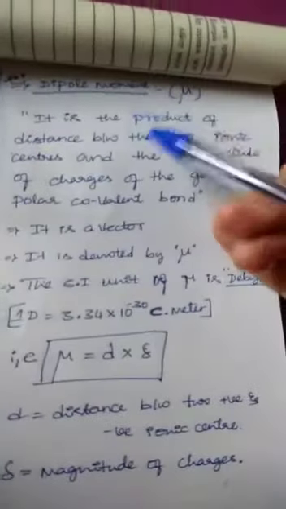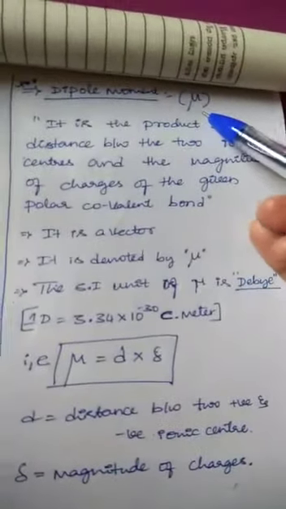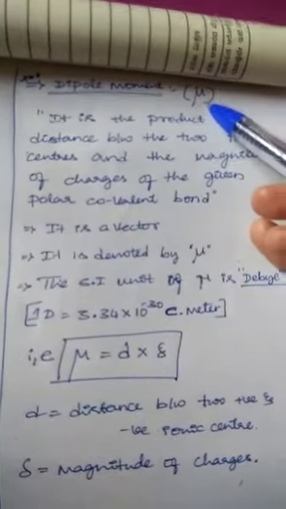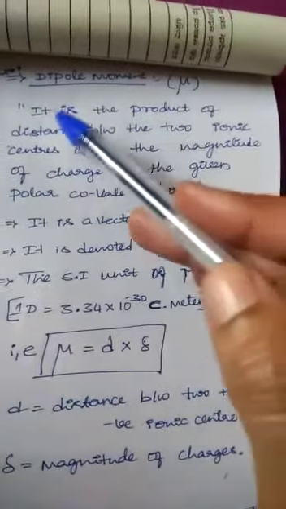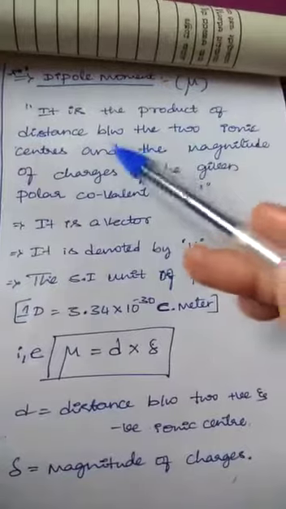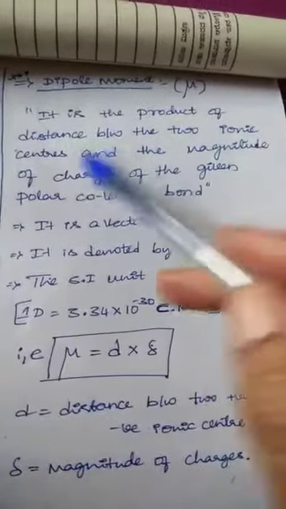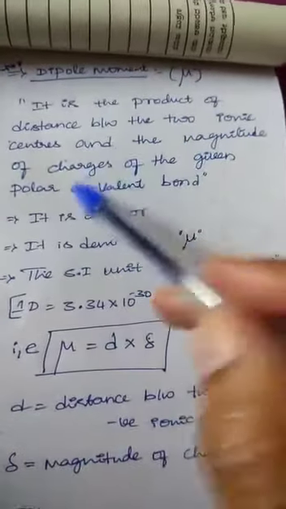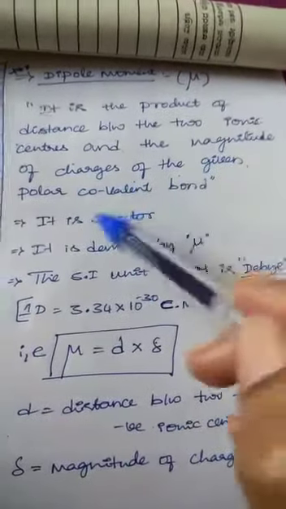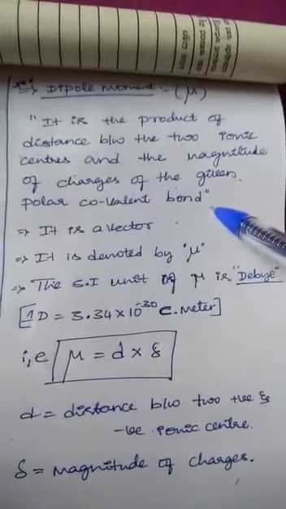Next one is dipole moment. The symbol is mu. The definition of dipole moment is the product of the distance between the two ionic centers and the magnitude of charges of the given polar covalent bond.